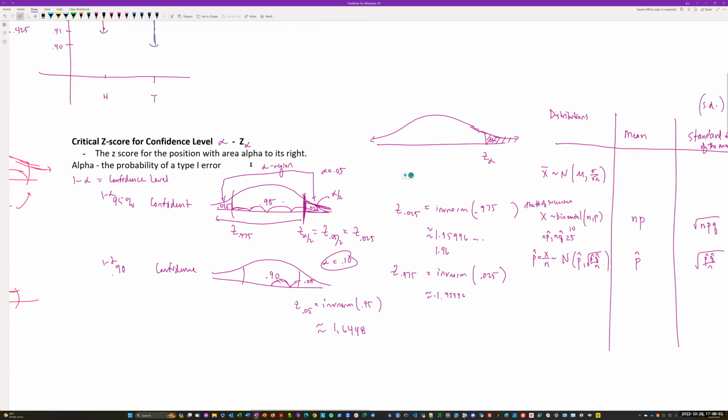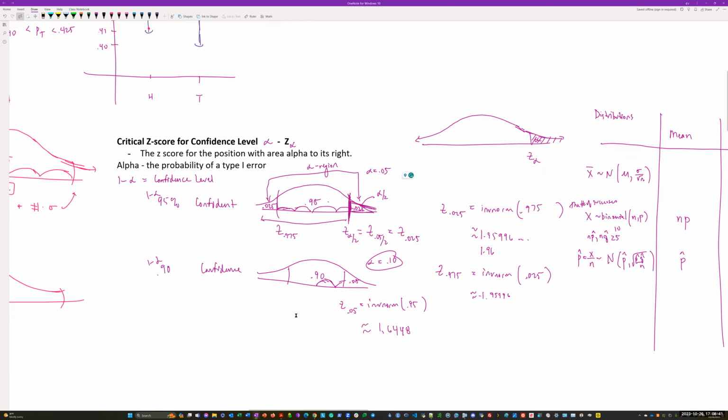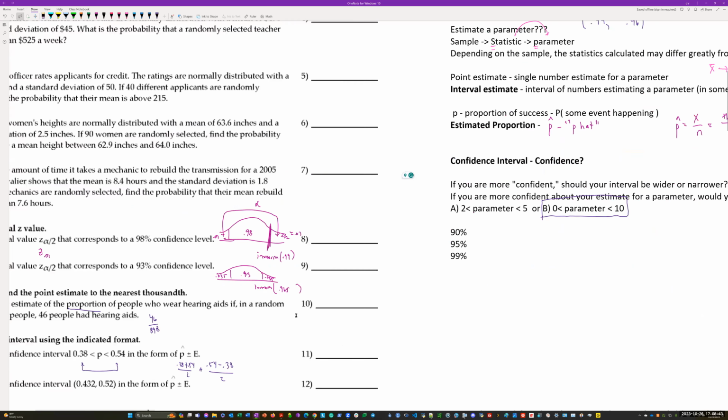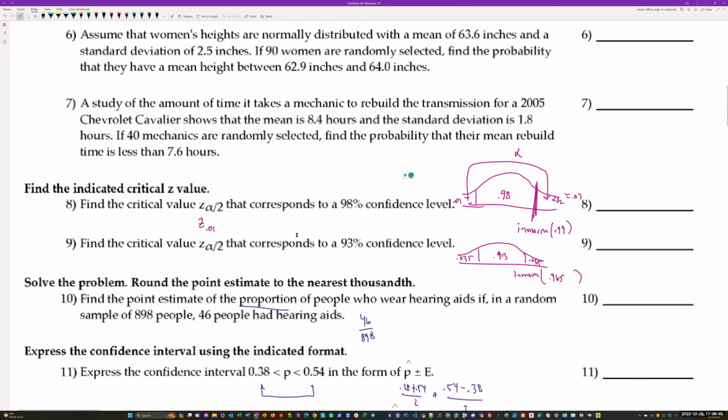We did all of this again last class. Is that correct? We had done it when we did invnorm. Is that right? And then we did these examples here. We did it with 98%. We did it with 93%. Is that correct? This was on your test. This is in your homework.